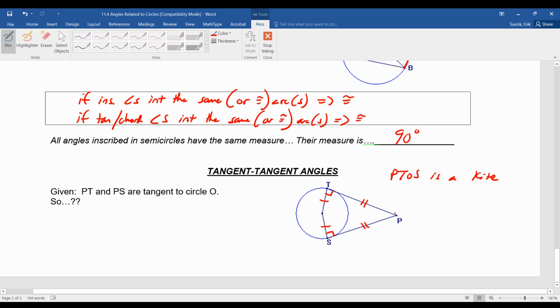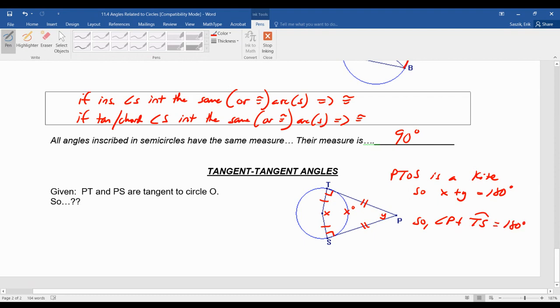So we know that angle X and angle Y must equal 180 as well, because the sum of the angles of a quadrilateral have to be 360. Now, angle X is a central angle, and that means that arc TS has to be X as well. So angle P plus arc TS has to be 180.